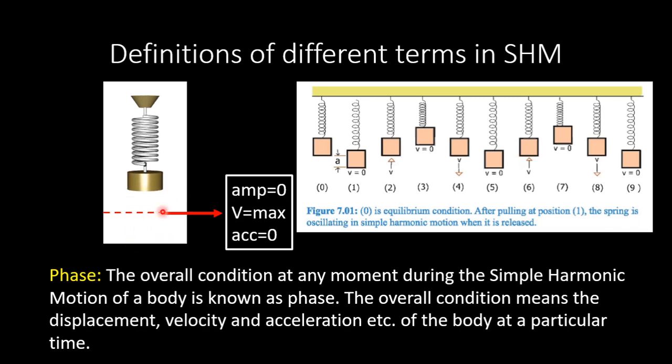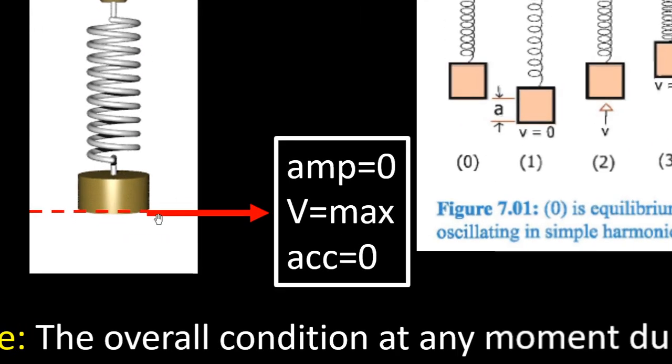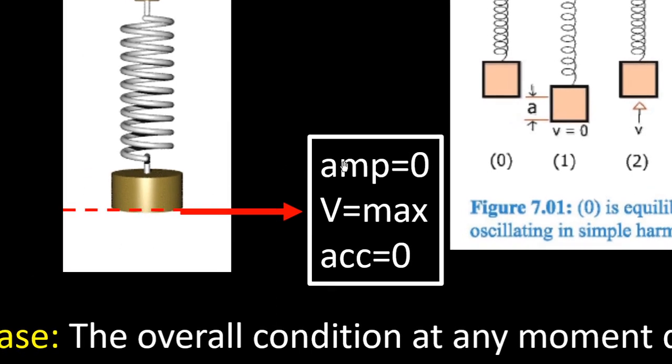For example, when the object is at the point of equilibrium, it has amplitude of 0 meter, and when the displacement is 0, the acceleration acting on it is also 0.